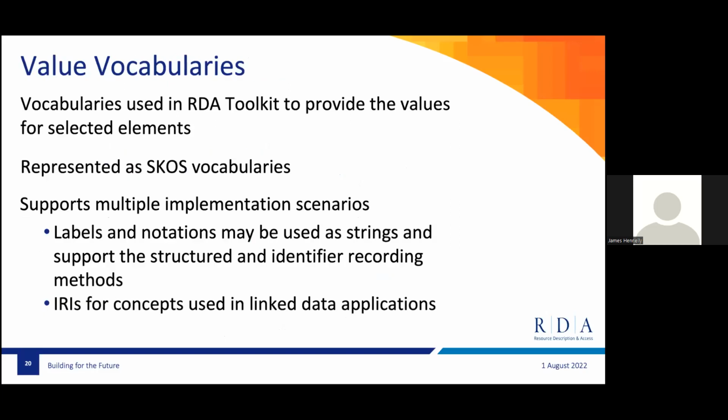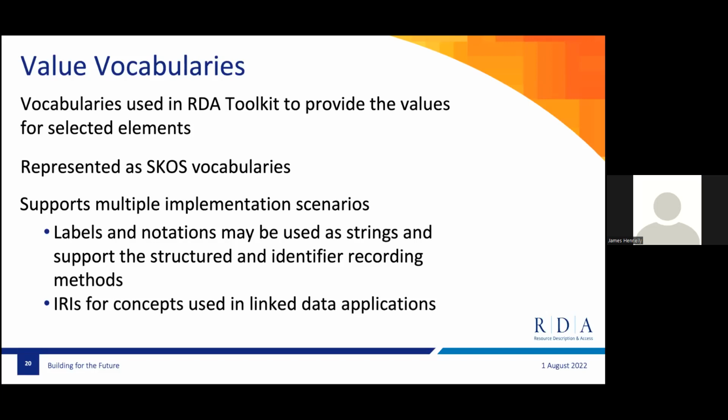So, moving on to the value vocabularies. These are the vocabularies used in RDA Toolkit to provide the values for selected elements. These are represented as SKOS vocabularies. And like the element sets, they also support multiple implementation scenarios. So the labels and notations can be used as strings, and they support the structured and identifier recording methods.